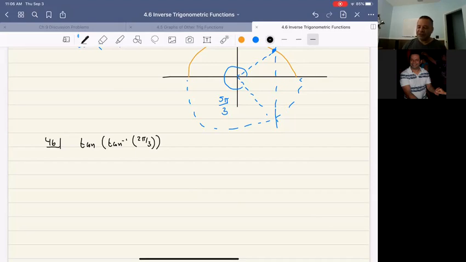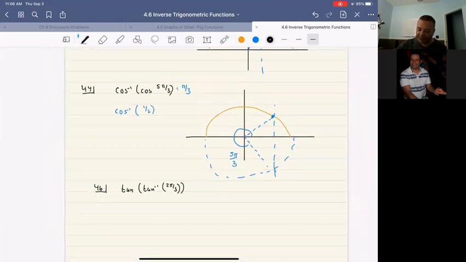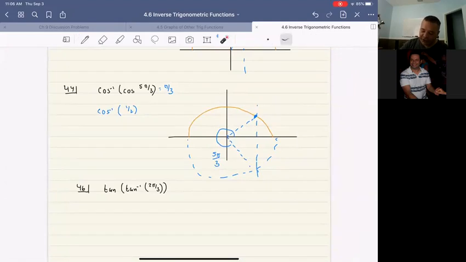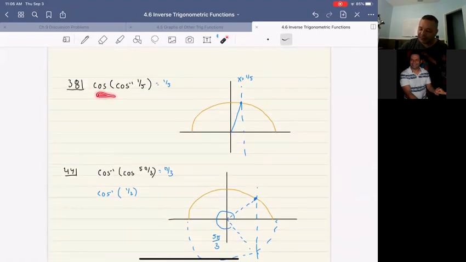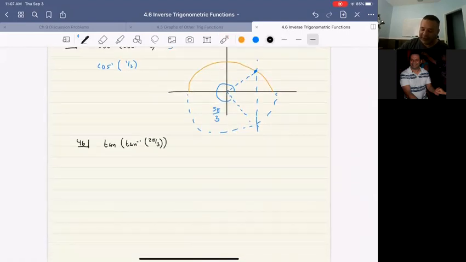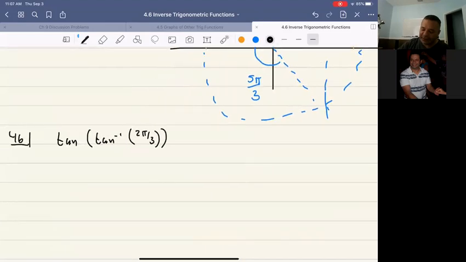So when you actually do this, whenever you have the function on the outside and the inverse on the inside, you just plug back in what you had. We had that here too. You don't have to do anything here, okay? Because this takes you to an angle, and then you just take the tangent of that angle.